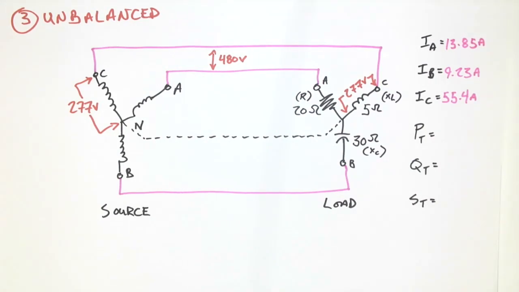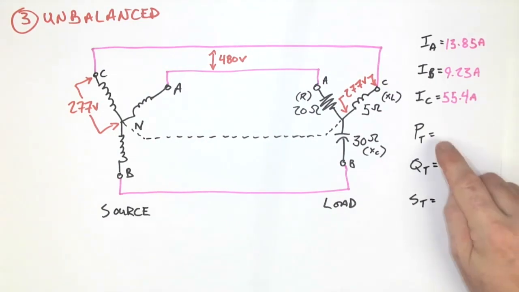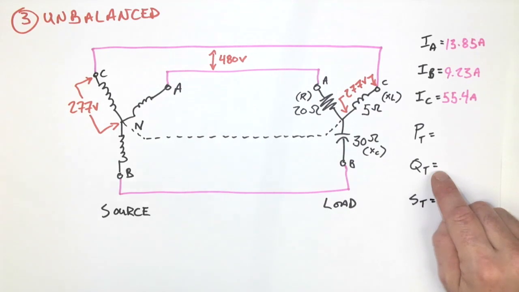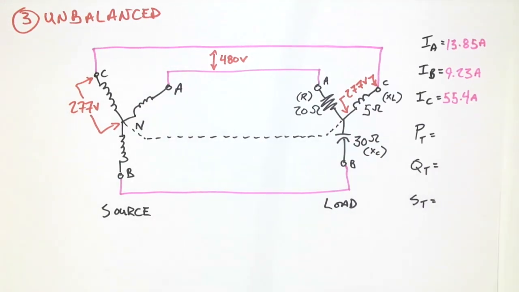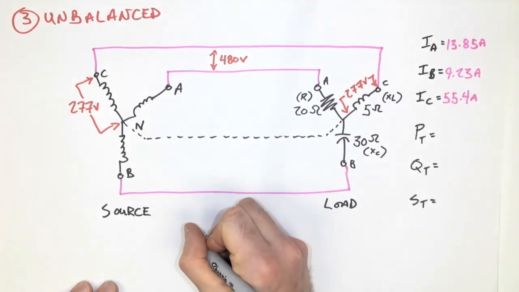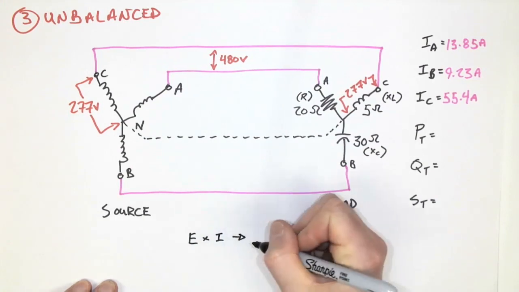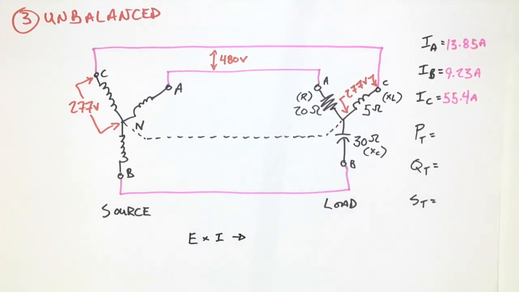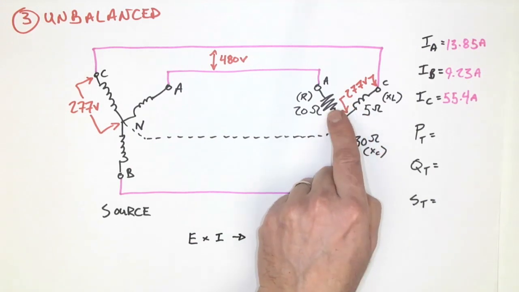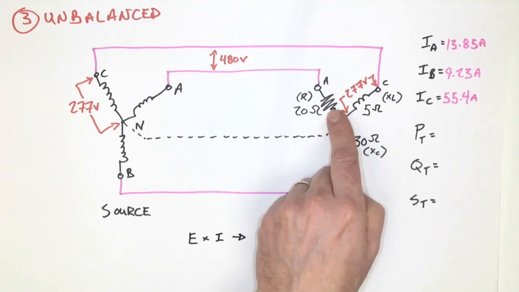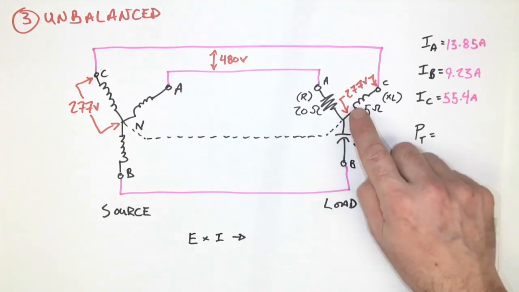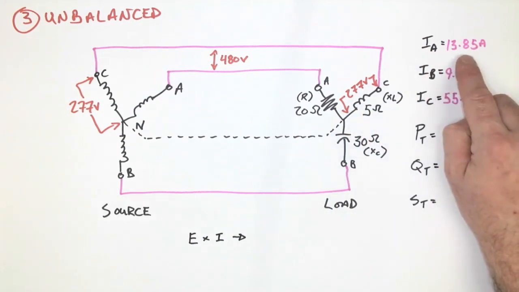Now it's up to us how we go about determining the total P and Q. I'm going to use the basic formula of simply taking the voltage times the current in order to determine my P and my Q. Now, the resistive value, 277 times 13.85.